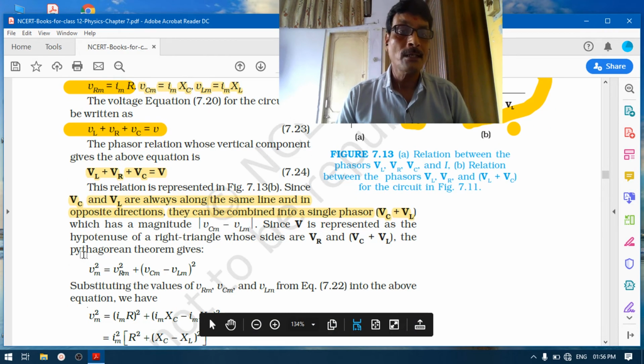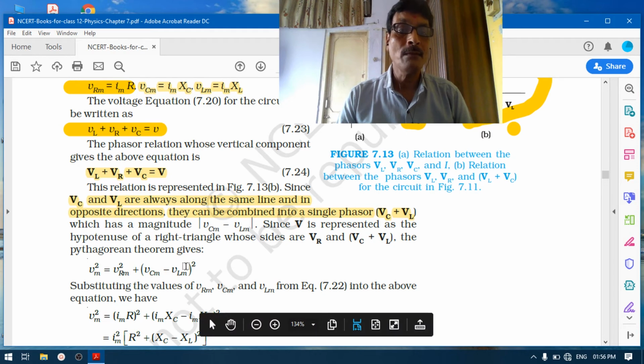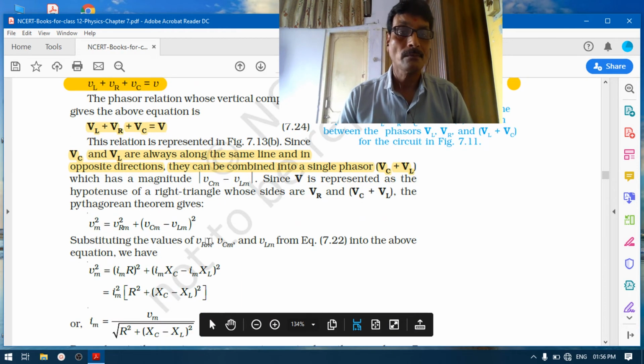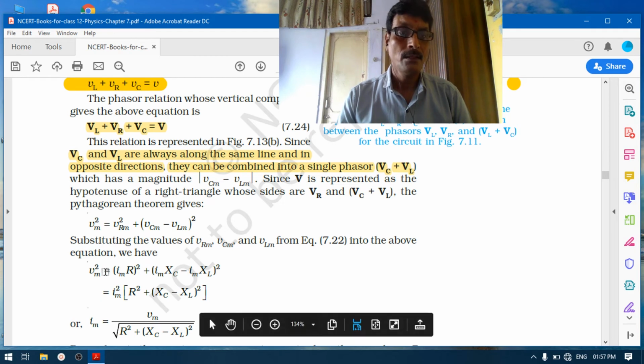Now by using the Pythagoras theorem, Vm square equals Vrm square plus Vcm minus Vlm whole square. Now we will put the value, substituting the values of Vrm, Vcm and Vlm in the form of Im, R, Xc, XL.